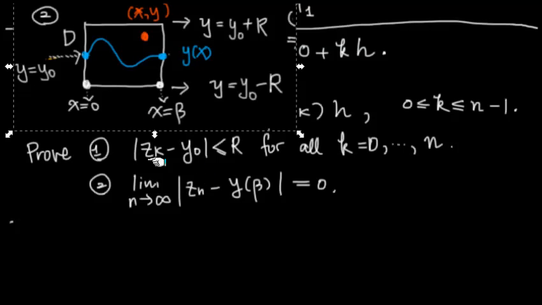That means the distance from zk to y0 is less than or equal to r. And this is exactly distance r above and below, both r. So what this guarantees is that zk, one of the y-coordinates of the points coming from Euler's method, is within this height.